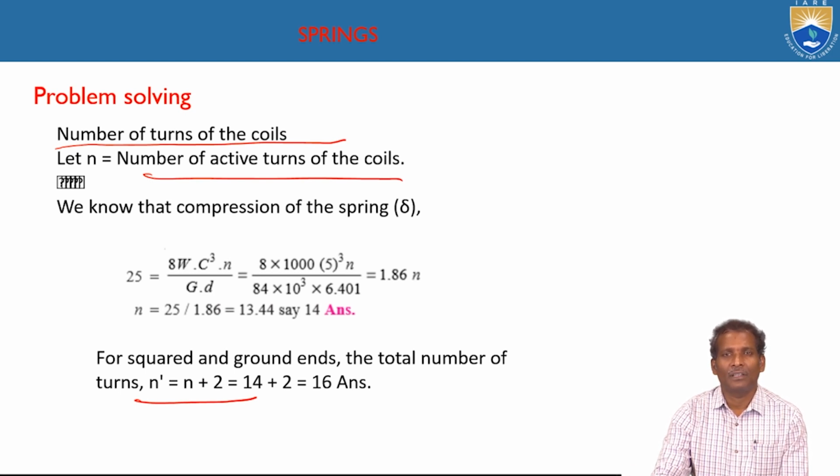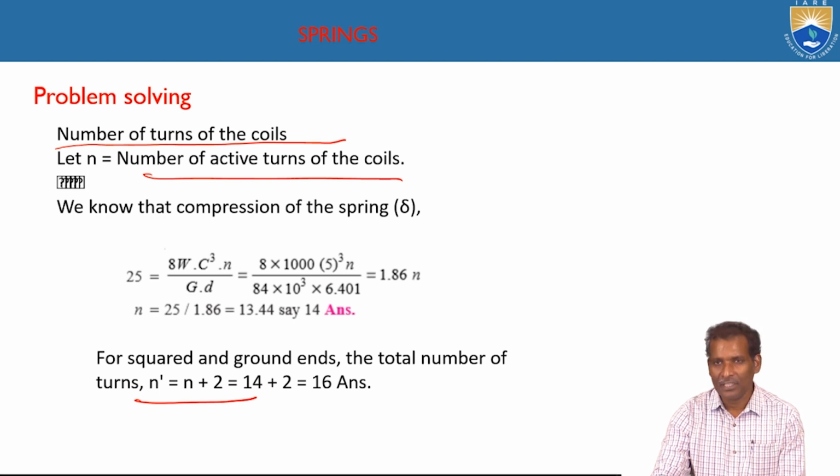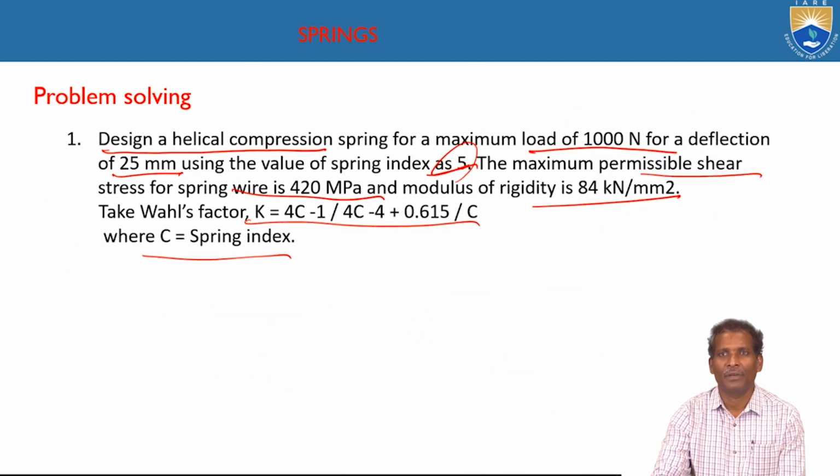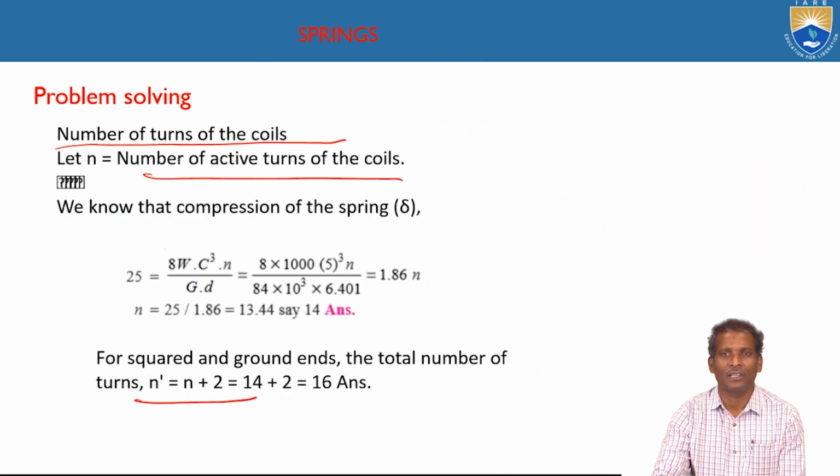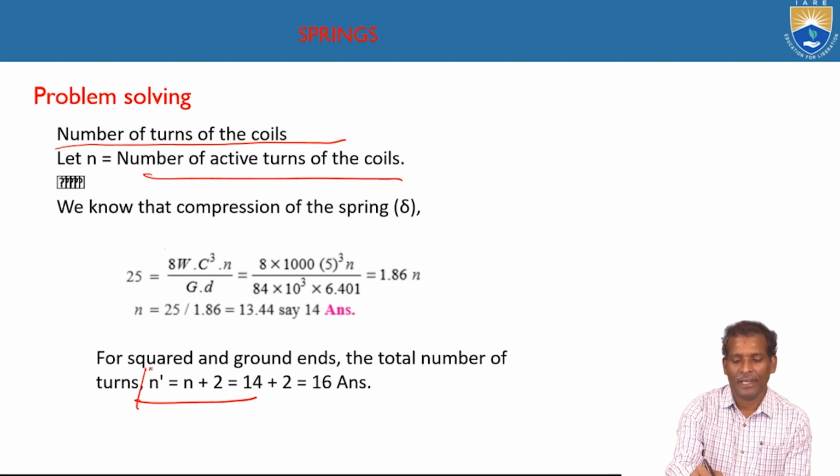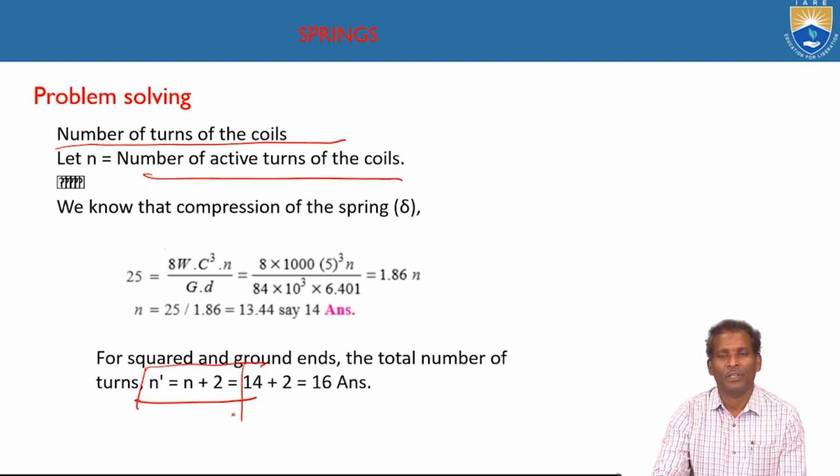Sometimes in our problem they clearly mention that the spring end shape is squared and ground. In this problem it is not given, but you can assume that for a helical compression spring the end conditions are squared and ground. Now according to the squared and ground condition, n dash is equal to n plus 2.